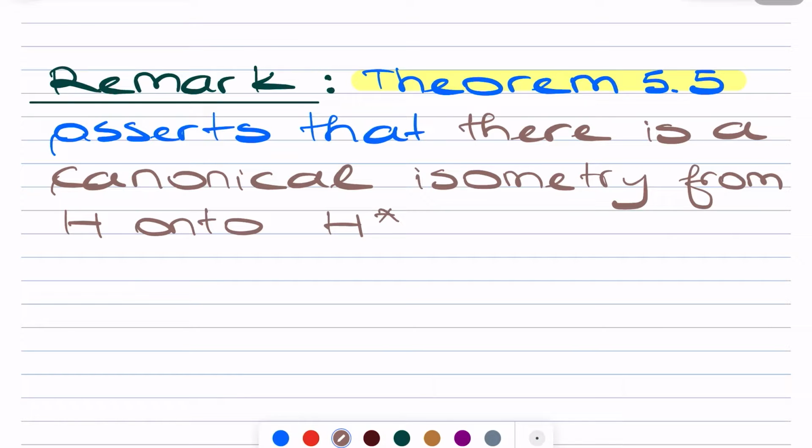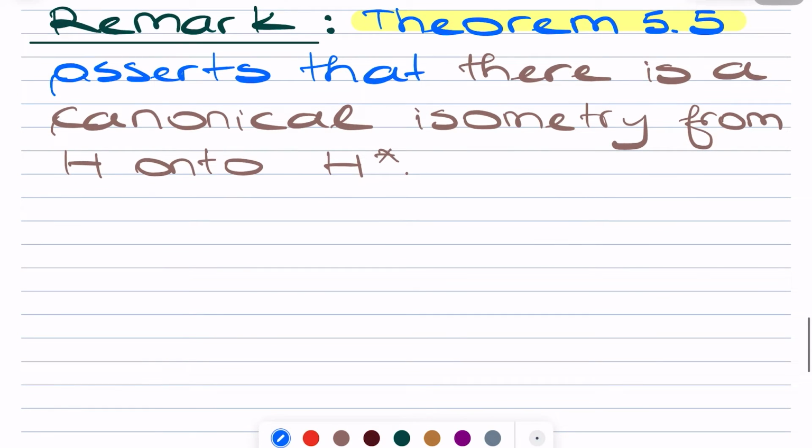So it is therefore kind of, I would say, legitimate to identify H and its dual space.